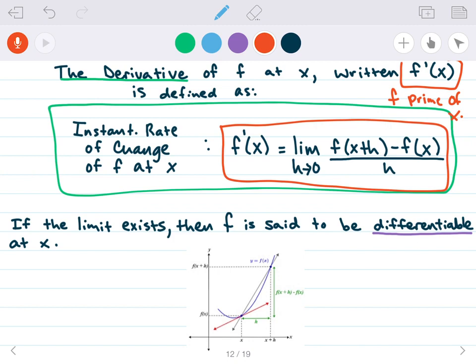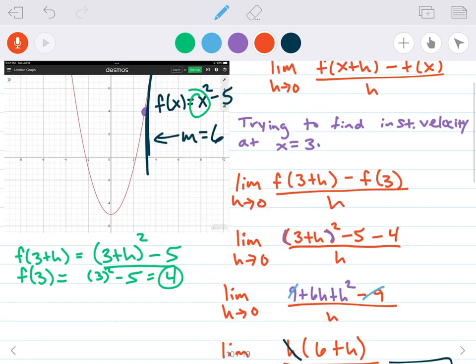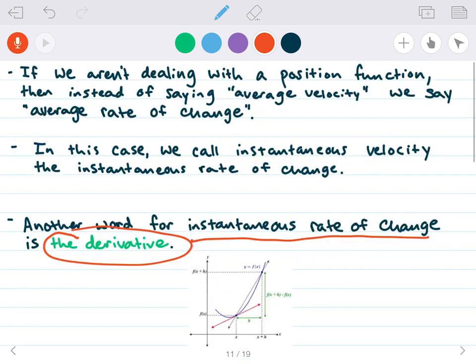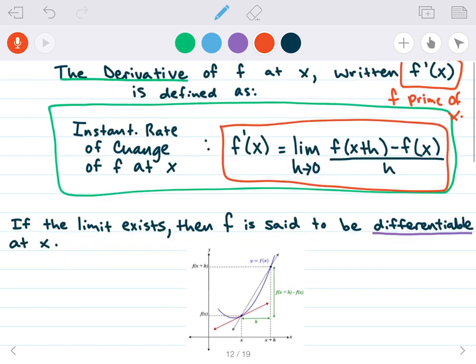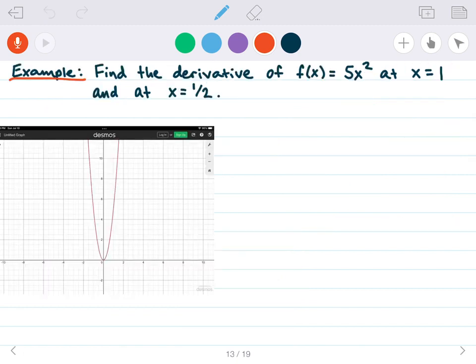That's our derivative. Now, if the limit exists, such as in this example, where the limit did exist and it equaled 6, then we say that at this point, the function is differentiable. We're going to talk more about what that means a couple of lectures from now, but that's the general idea.